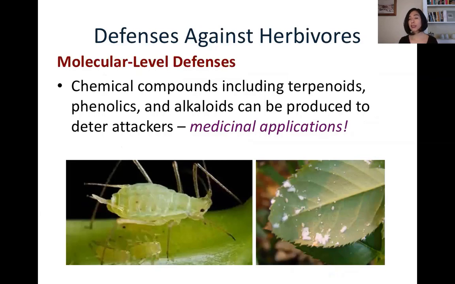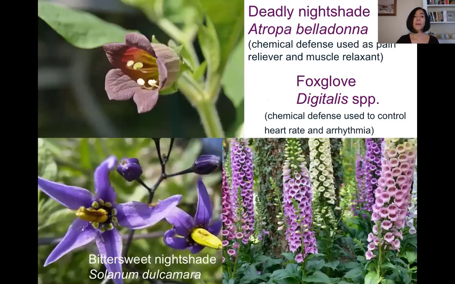A lot of these are very important for humans because they have medicinal applications. So there are a lot of studies about the properties of plants because, like aspirin, we have found a lot of remedies in plants. One of these examples is Atropa belladonna.